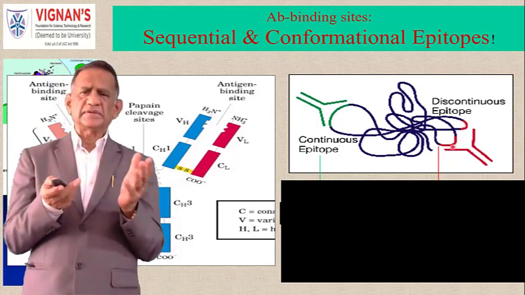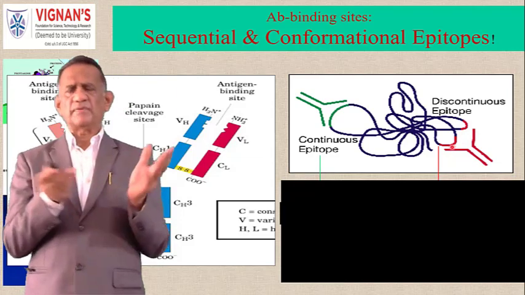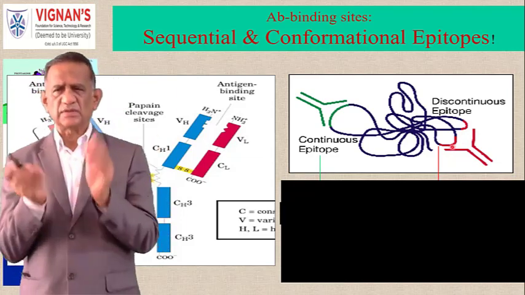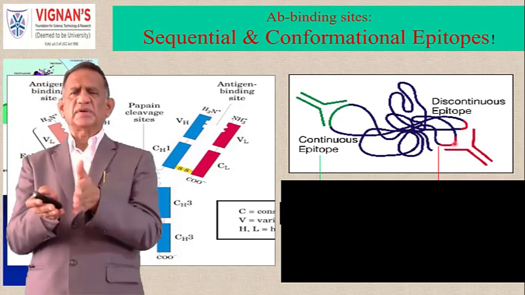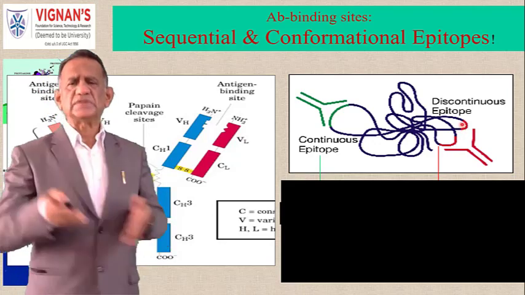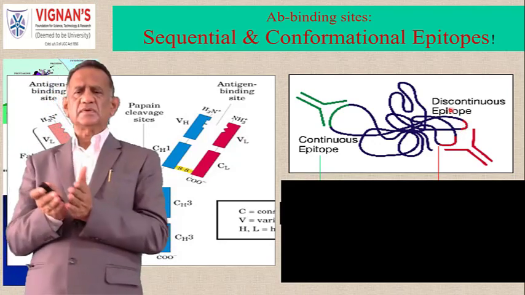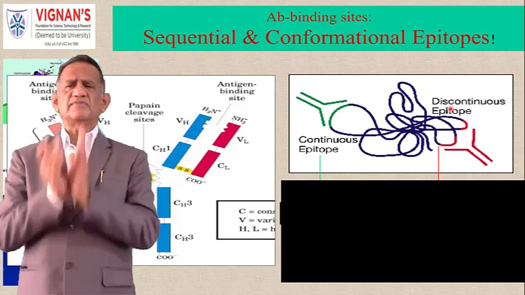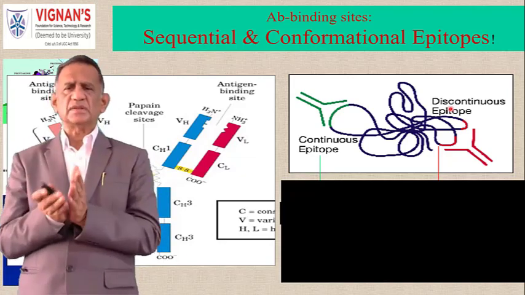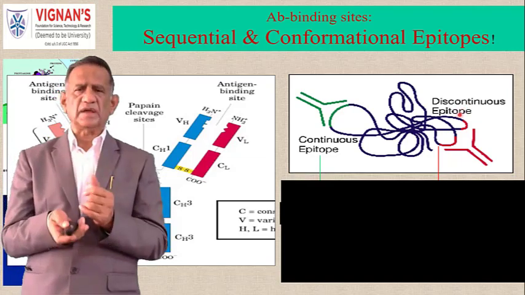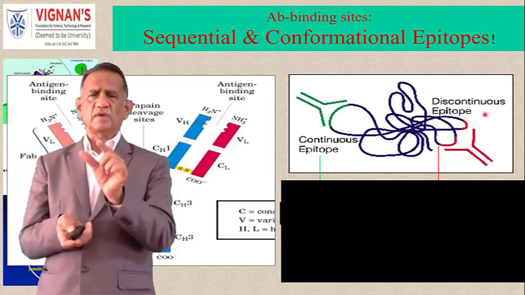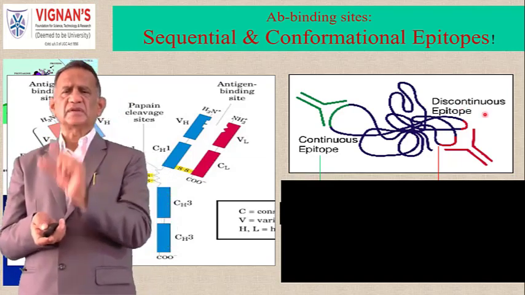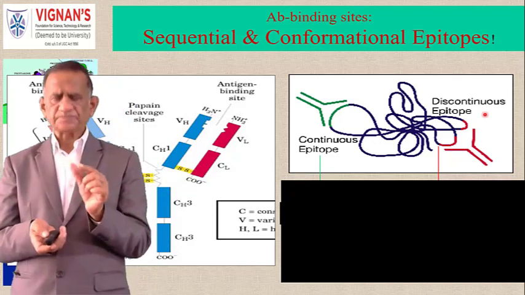The other fold has emanated out of the folding pattern at a far off distance, and has come here because of the folding. Folding made it come together here. So these two are sequentially apart, but they are together for the antibody to recognize these epitopes in the Fab region. This is what is called conformational epitopes or discontinuous epitopes. So that is the meaning. You have to remember this continuous and discontinuous epitope.